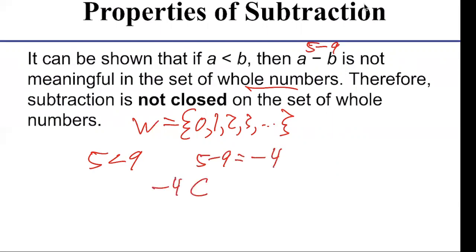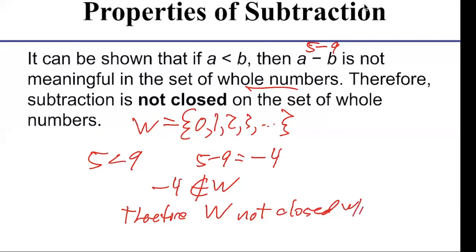Negative 4 is not an element of the whole numbers, therefore, the whole numbers are not closed with respect to subtraction. I subtracted 2 members of the set. I did not get a member of the set back after I did the operation, so they're not closed. And that's addition and subtraction.